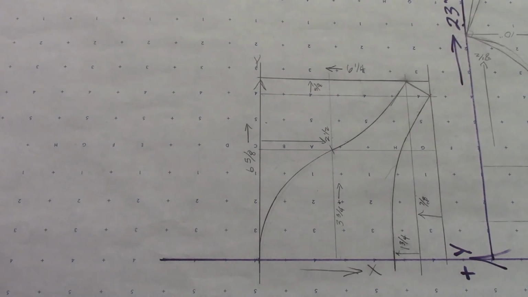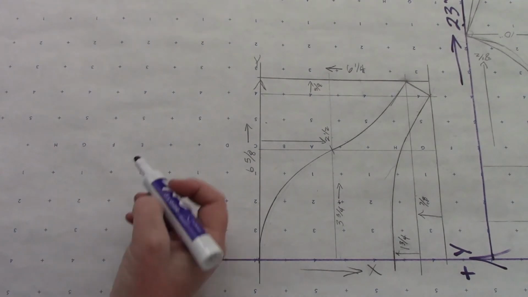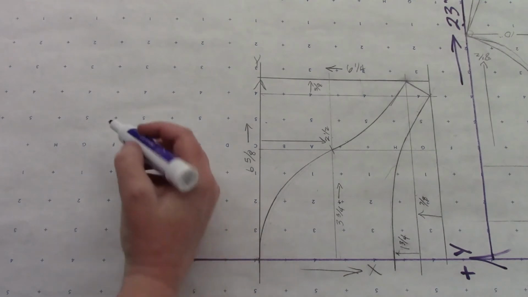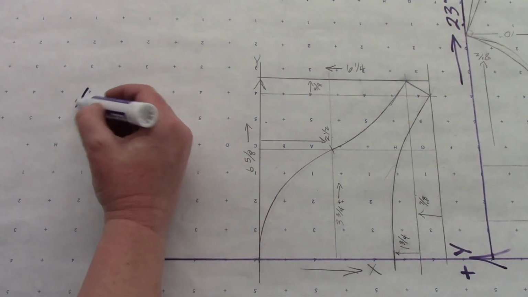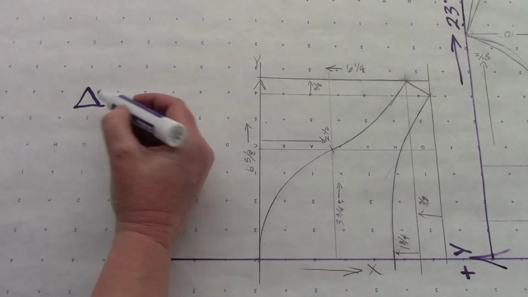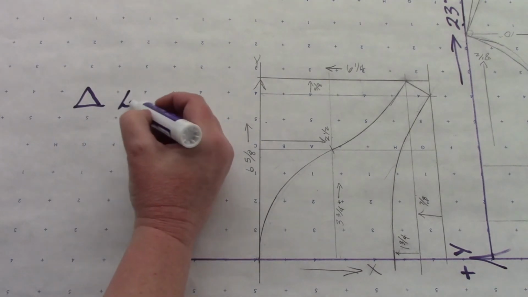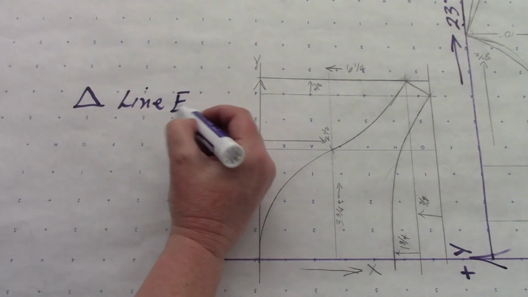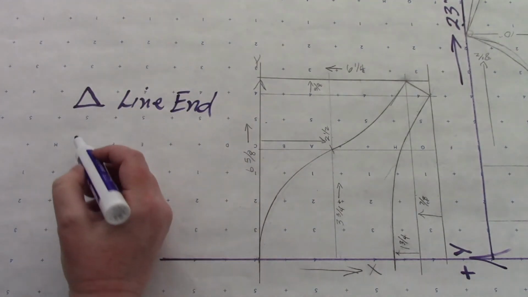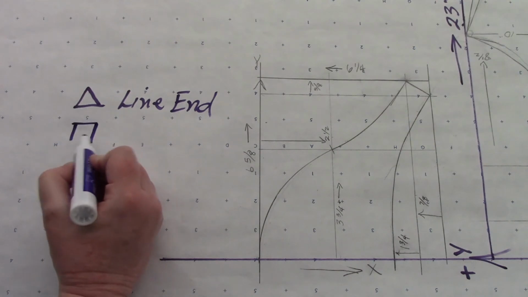While I'm at it, there's a few things that I want you to remember that will be on a quiz. In the computer, you'll look at the pieces, and at the end of every line where it turns a corner, there's an upward triangle, line end. And intermediate points are square.